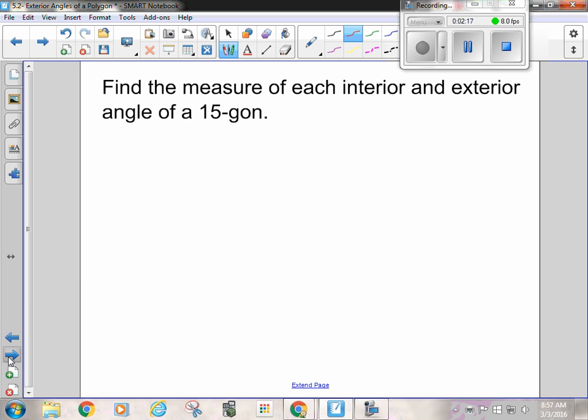Now, remember, it says find the interior and exterior angle of a 15-gon. We know the formula for interior angles from yesterday, but we know the exterior angle formula today, and that's way easier. So if we do 360 divided by 15, we find that our exterior angle ends up being 24 degrees.